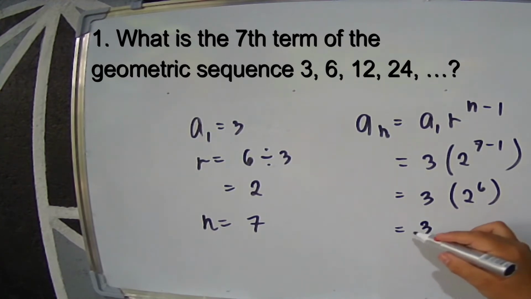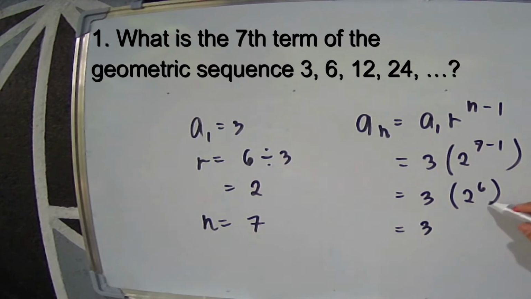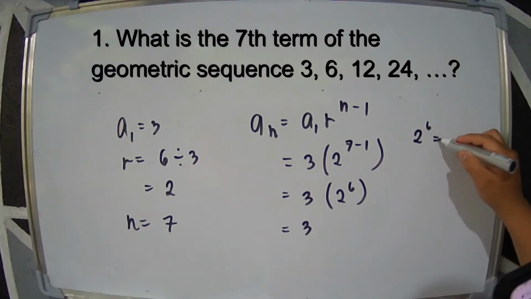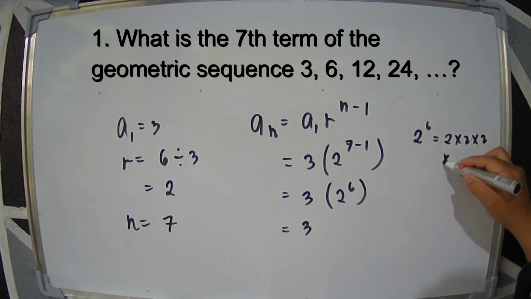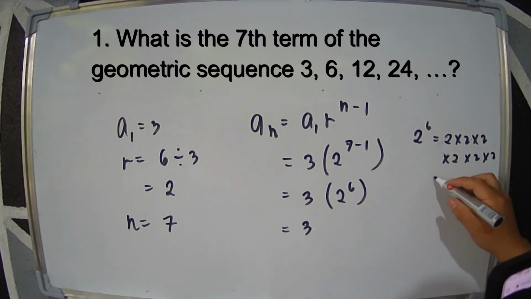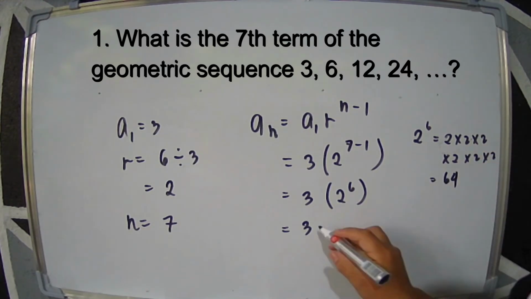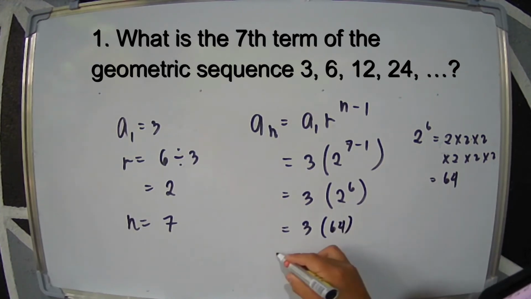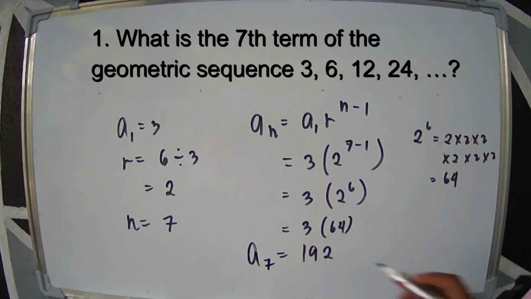So we have 3 times 2 raised to 6, which can be expanded to 2 times 2 times 2 times 2 times 2 times 2. So six 2's. Get the product, that's 64. So 3 times 64 is 192. So this is now the seventh term.